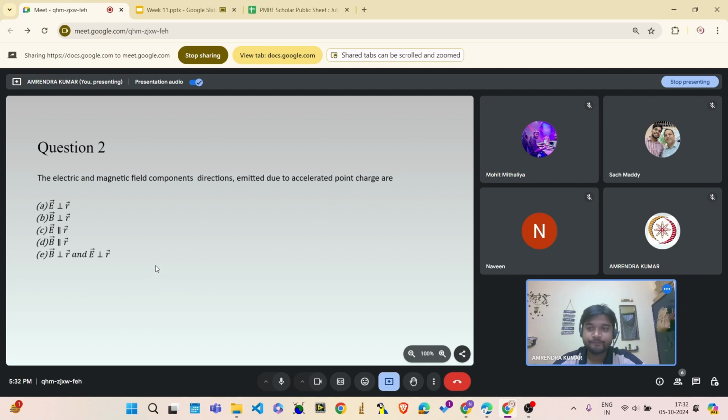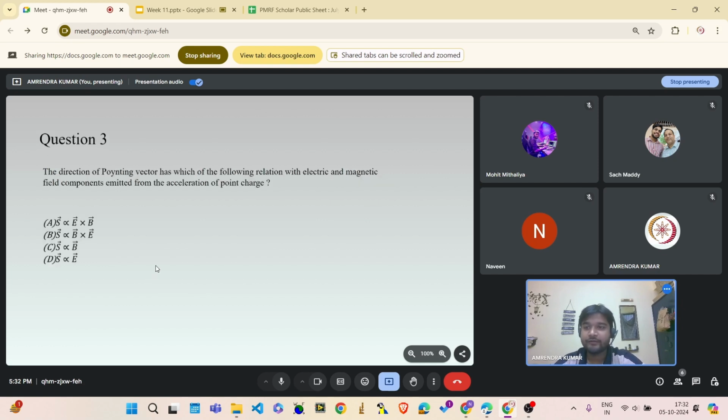Okay, so our next question is: the direction of the pointing vector has which of the following relations with the electric and magnetic field components emitted from an accelerated point charge. I just told that this pointing vector is nothing but the direction in which this electromagnetic radiation is traveling.